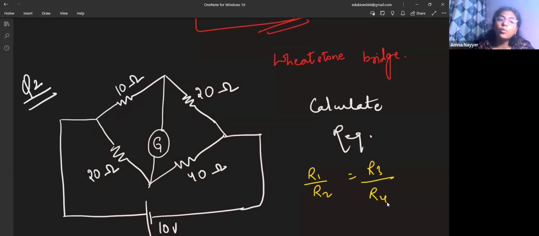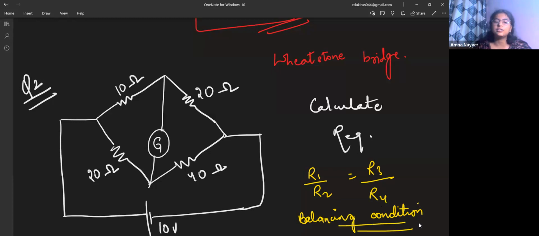In capacitors, what was the condition? Balancing condition, it was C1 by C2 is equal to C3 by C4. In resistors, you have R1 by R2 is equal to R3 by R4. So this is the balancing condition. Fine. So let us check whether this case is balanced or not.